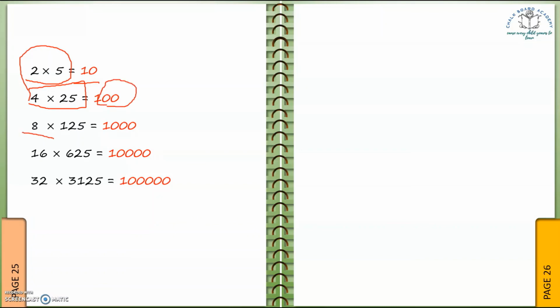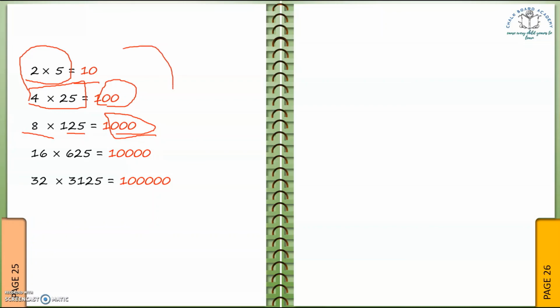Now we have 8. So you can understand this relation. The number of times we multiply 2 and the number of times we multiply 5 give the number of zeros. So we have multiplied 2 three times and 5 three times in this, and we got the result as 1000.